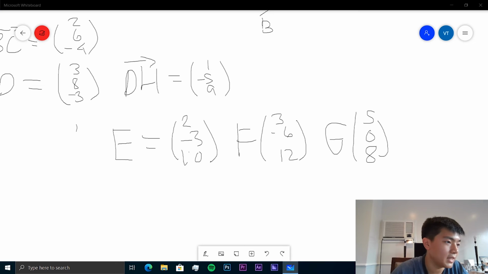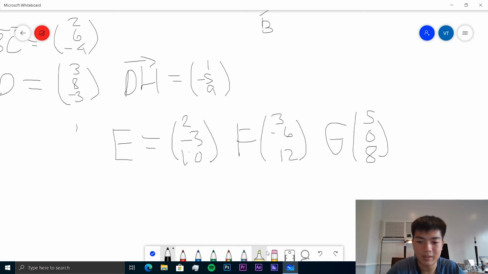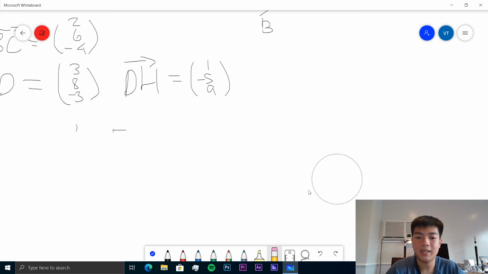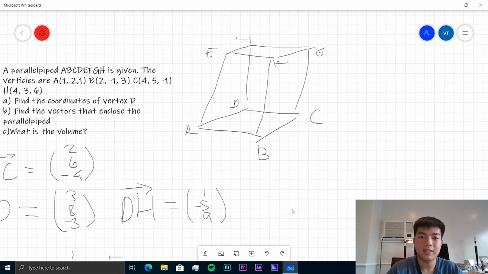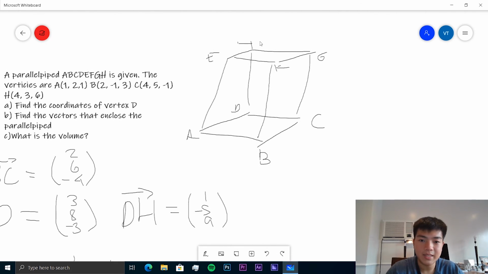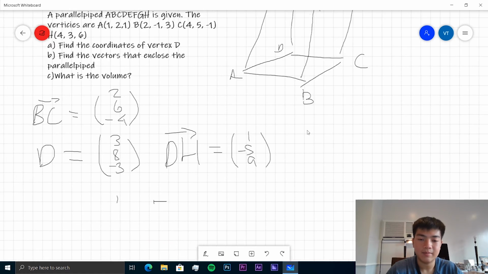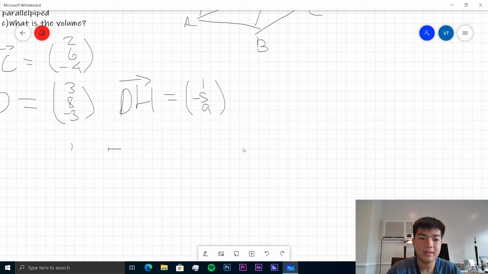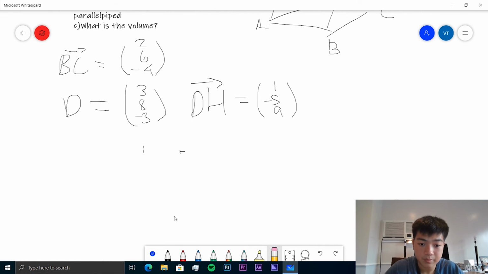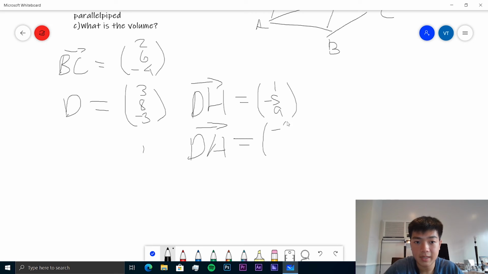Oh, it says the vectors that enclose it. Oh, I'm being silly, not the points. Okay, so for the vectors that enclose it, we can simply get the vectors of DH, DA, and DC. So DH, we already have that. DA is equal to negative BC, so DA is equal to negative 2, negative 6, and 4.